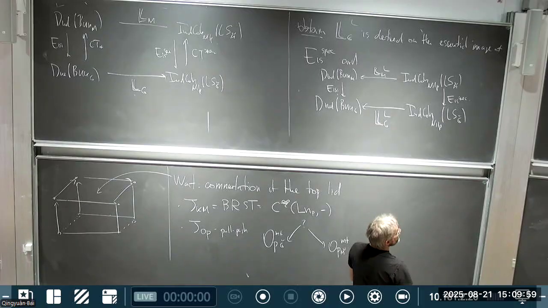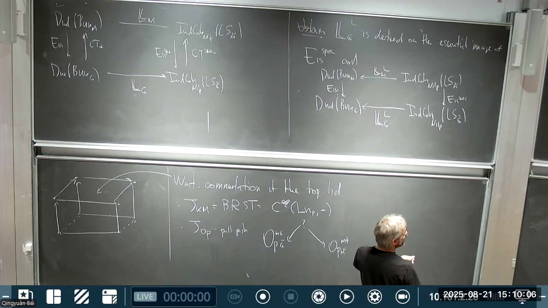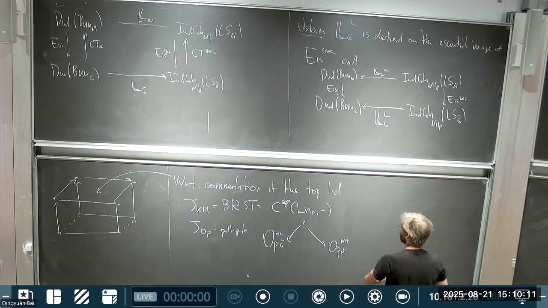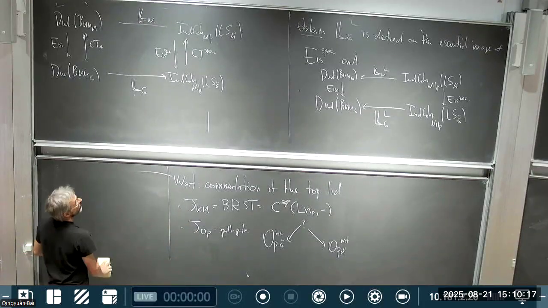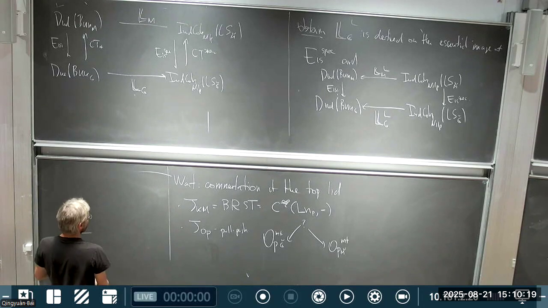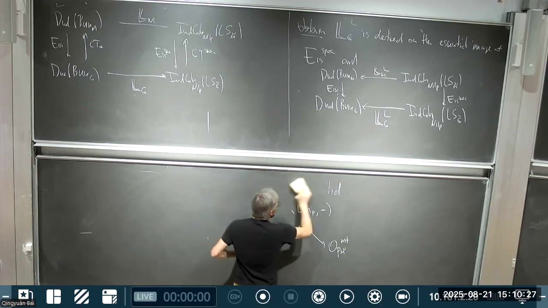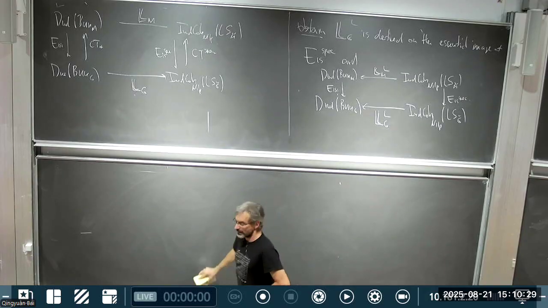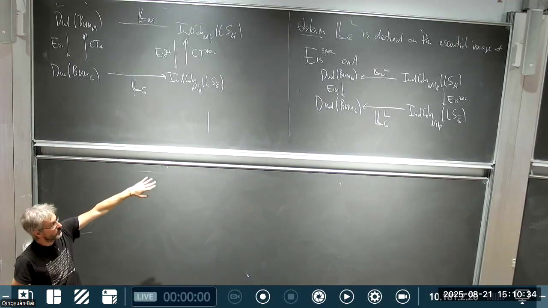So now we finish the proof of the lemma. There was a corollary that said that L_G was a left adjoint. So we obtain that L_G is defined on the essential image of the quasi-coherent part, but also on the essential image of I-spec.